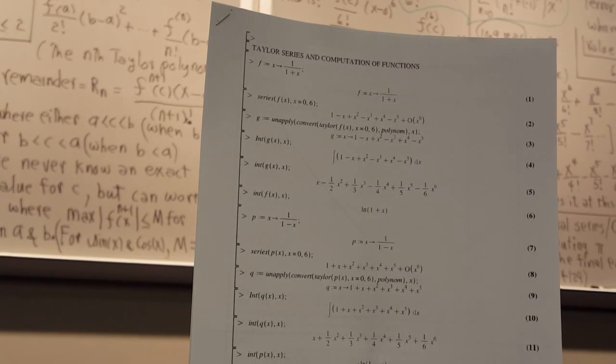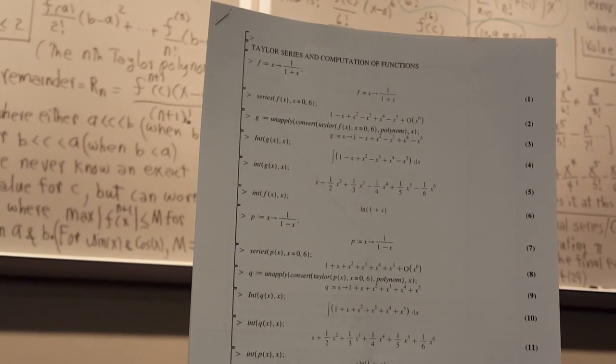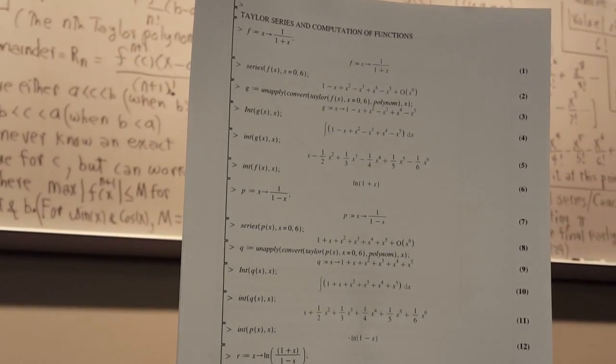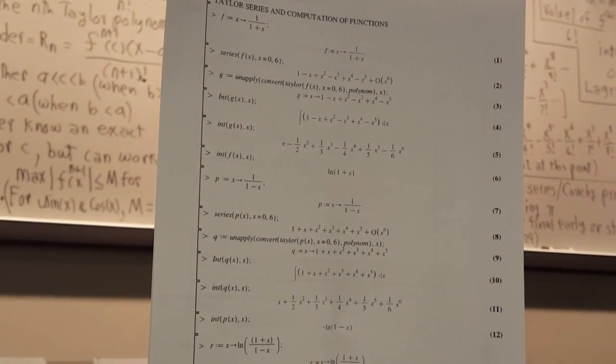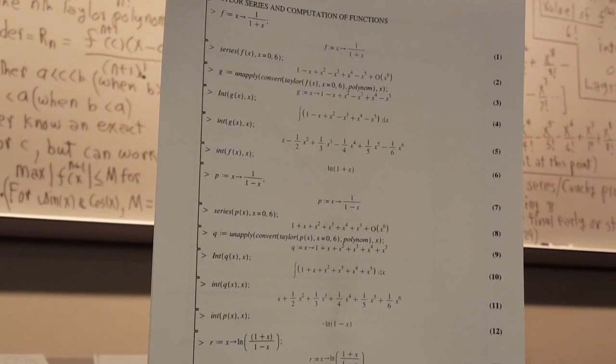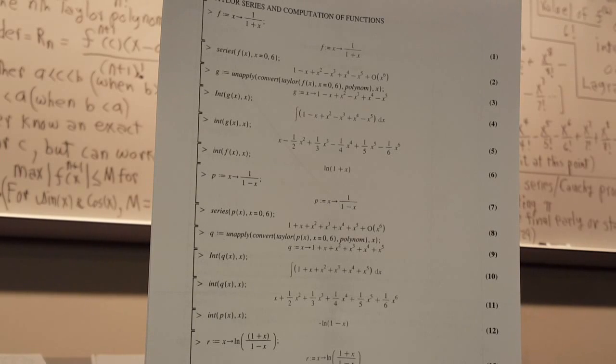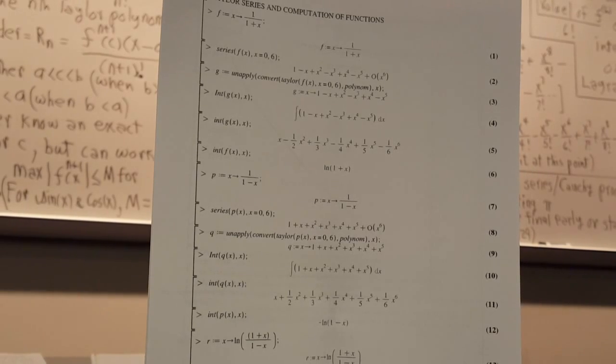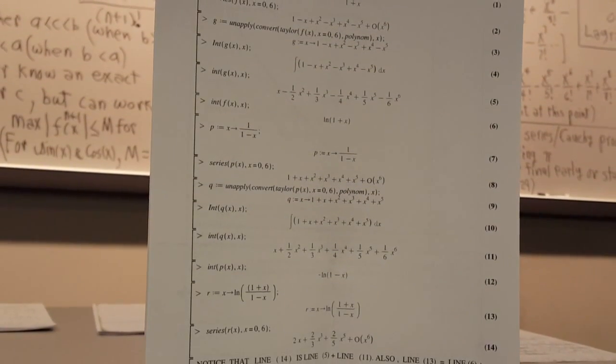And then I did the same thing over again with the series for 1 over 1 minus x and integrated. And so line 11 is the first 6 terms of the log of 1 minus x.